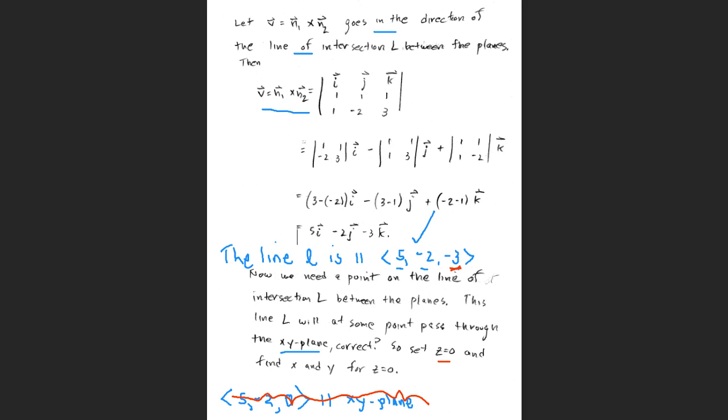Okay, so set Z equals 0 and substitute it in the two plane equations, the two planes that create this line of intersection.